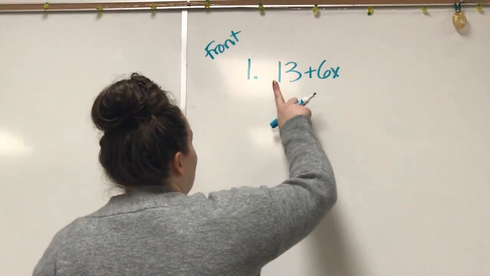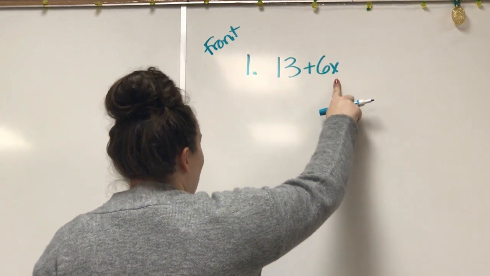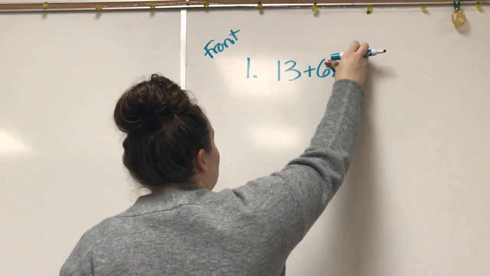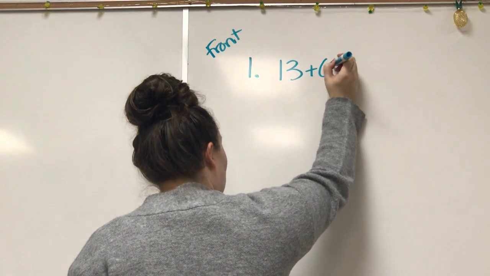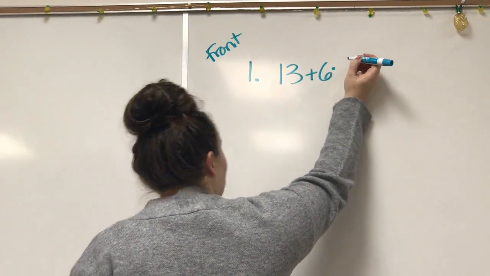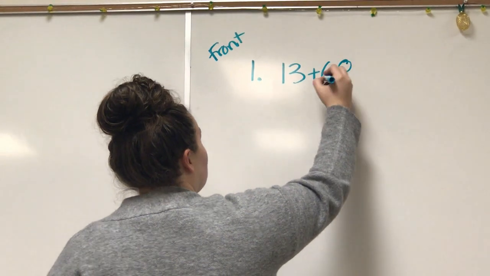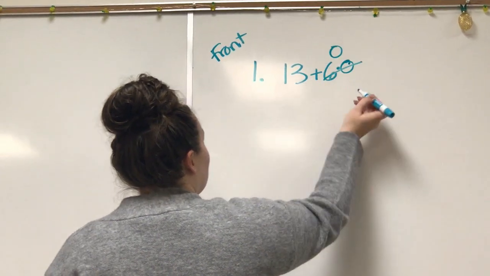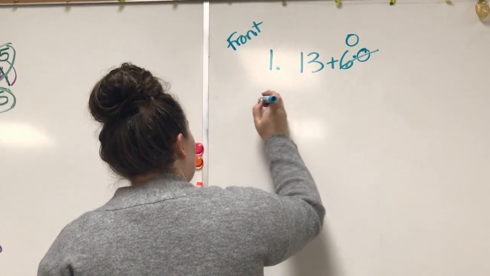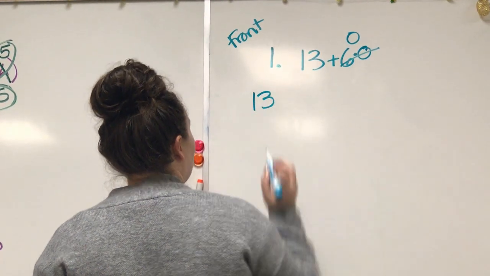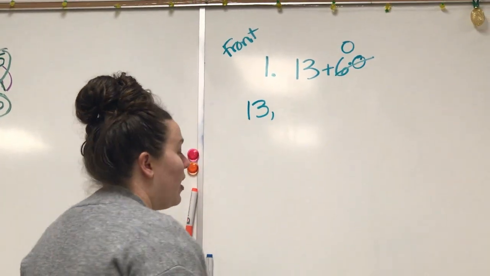Okay, so the first one, 13 plus 6x. The very first one that you should do is times 0, because I'm just going to go from lowest to highest. So times 0, multiplication is first, that would turn into 0. 13 plus 0, your first answer would be 13. Separate it by a comma.